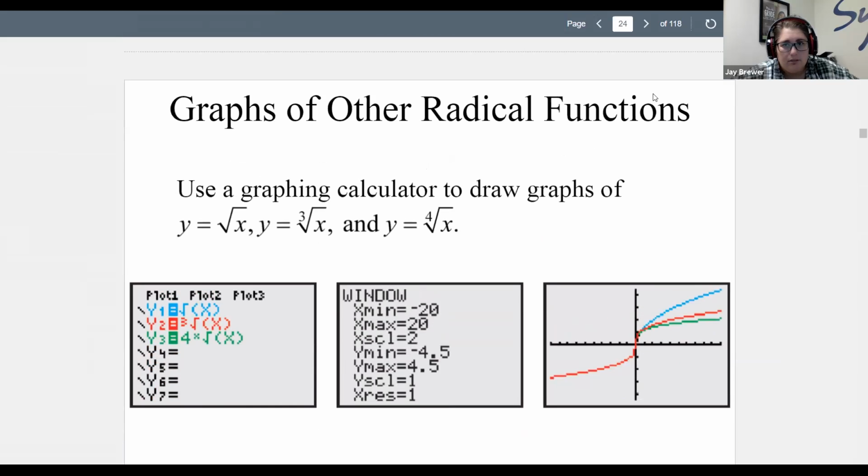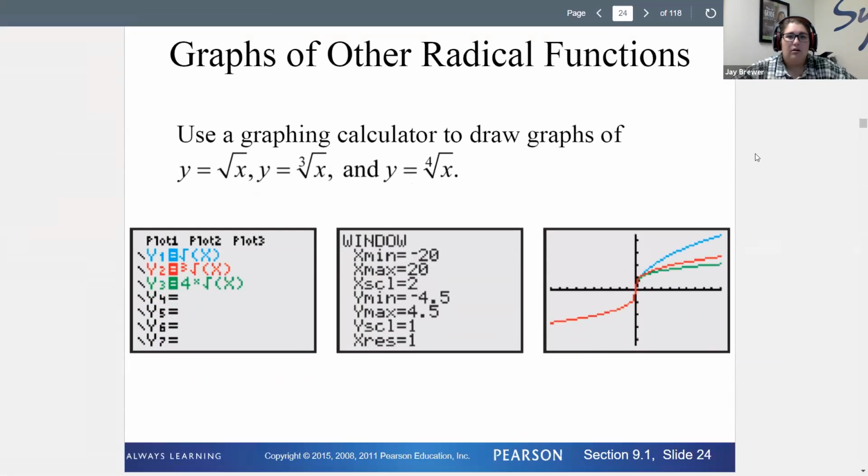Now it says use a graphing calculator to draw the graphs of the following radical functions. You don't have to do this. You can if you really want to. I don't think most of yours will come out multicolored.